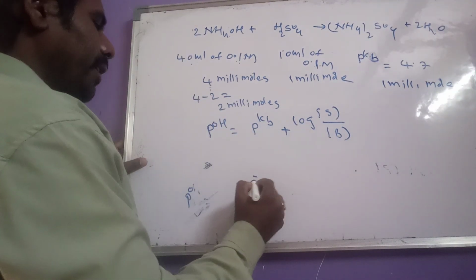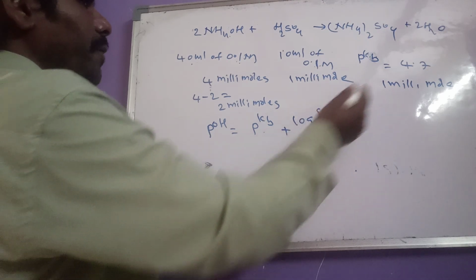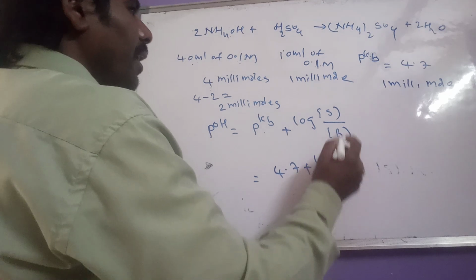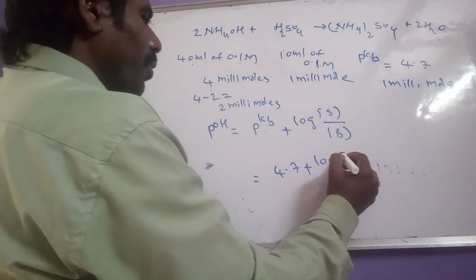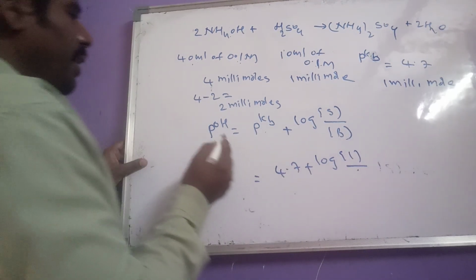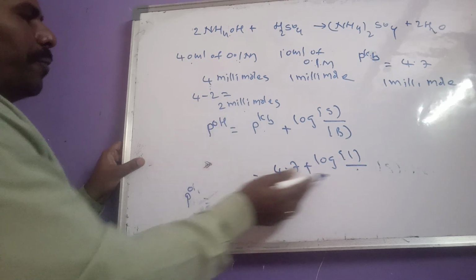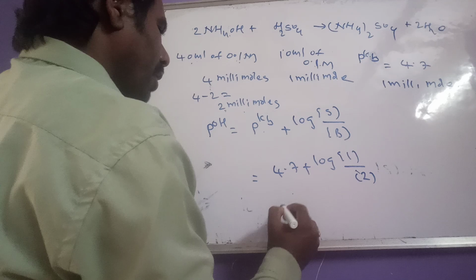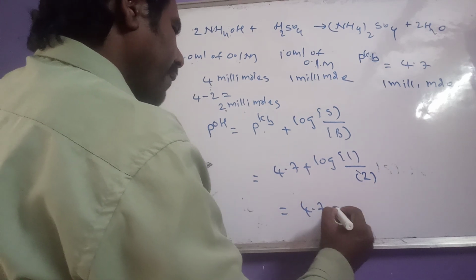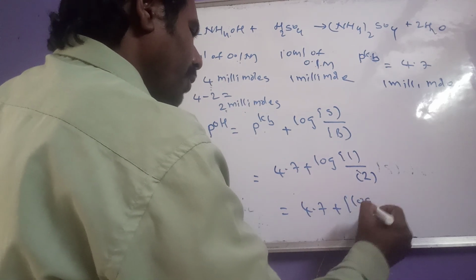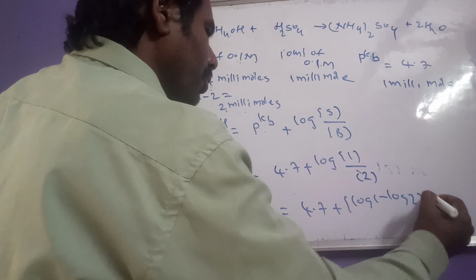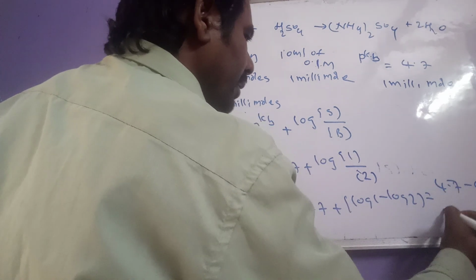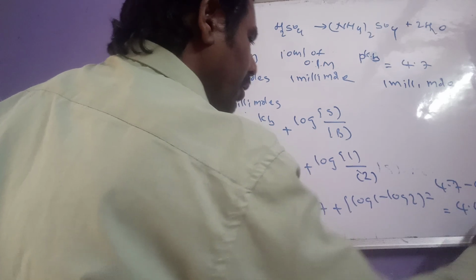Now substituting in this expression, pKb 4.7 plus log of salt moles formed, 1, and base millimoles remaining, 2. So 4.7 plus log 1 minus log 2 means we get 4.7 minus 0.3, so 4.4.